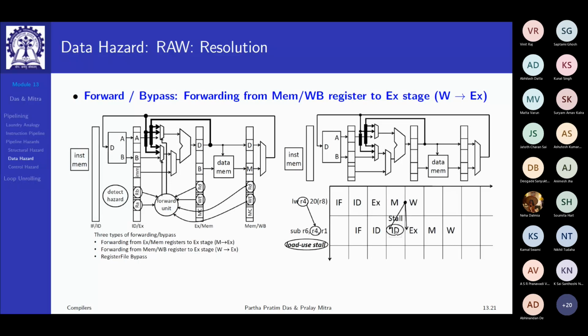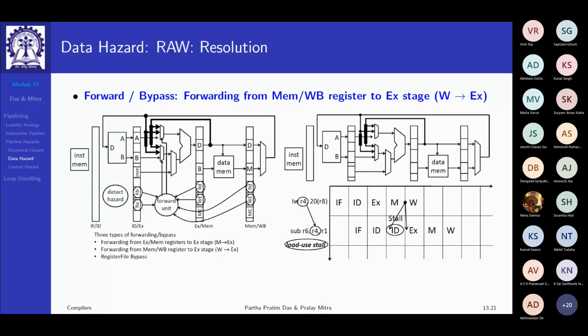But we can minimize this stall. After the memory has been read in the mem stage, before write back itself, we can give that value, because we know that is the value of R4 right now. So it just needs to stall for one cycle, and then it can proceed with the execution.